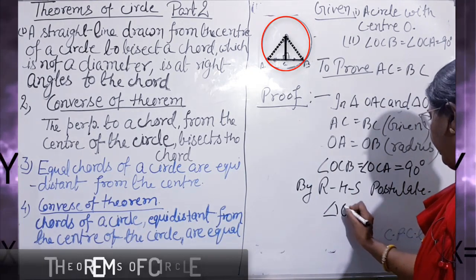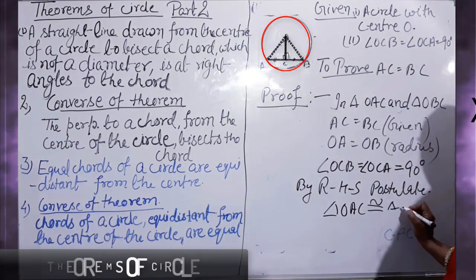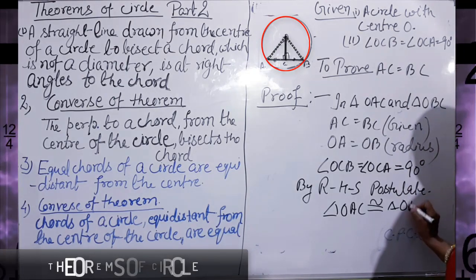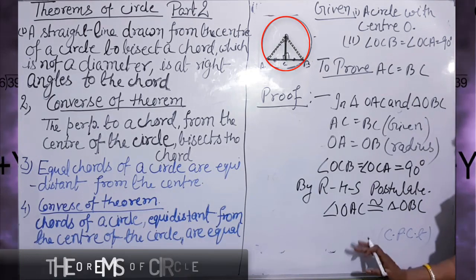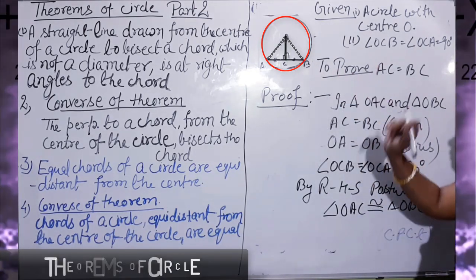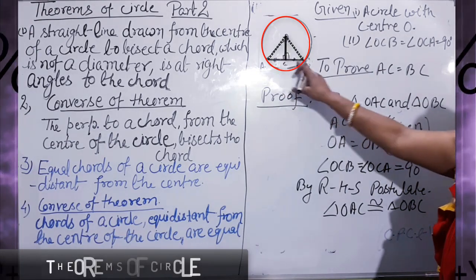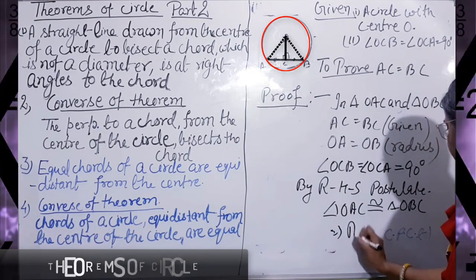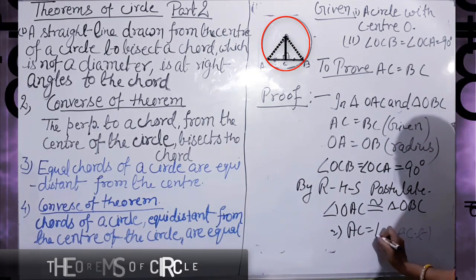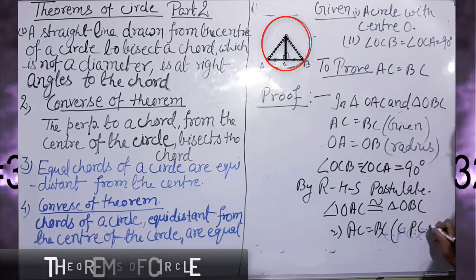Triangle OAC is congruent to triangle OBC. If both triangles are congruent, then obviously these two sides are equal. So AC is equal to BC by CPCTC.